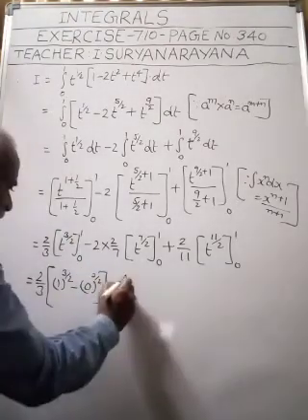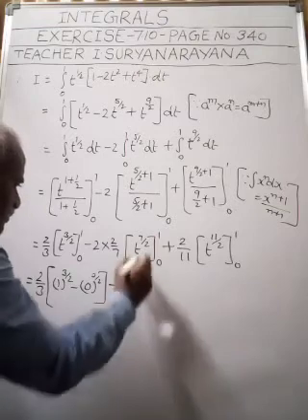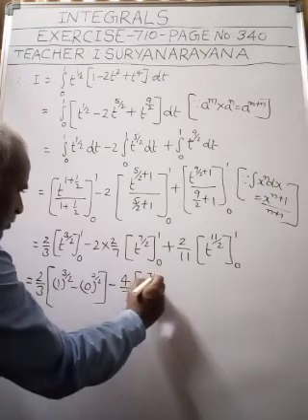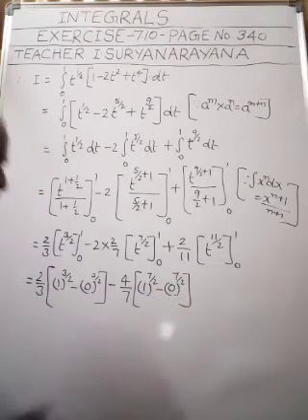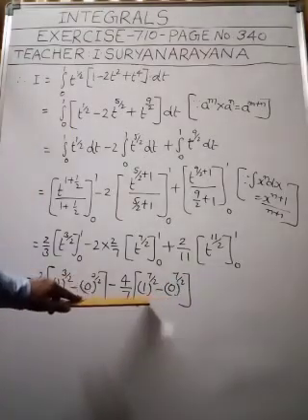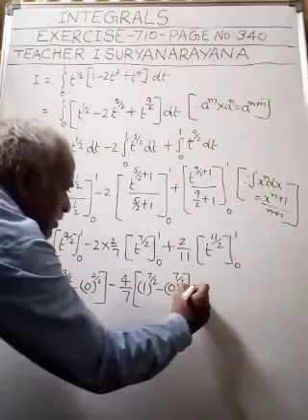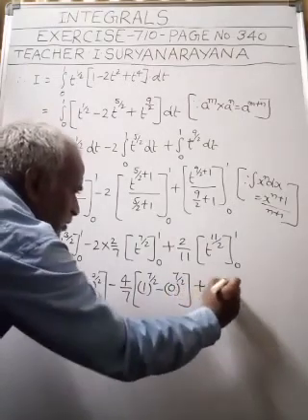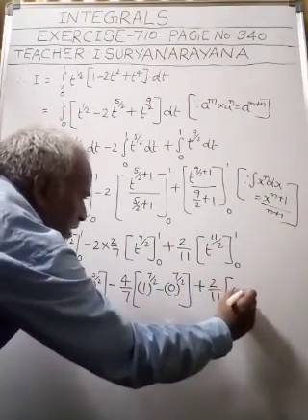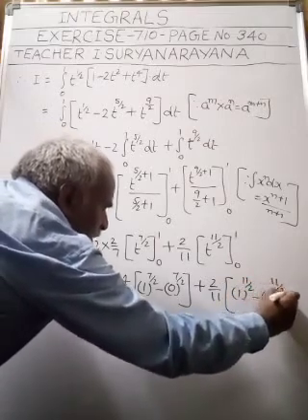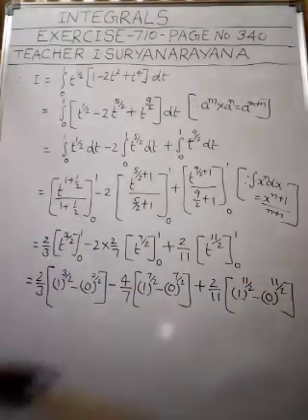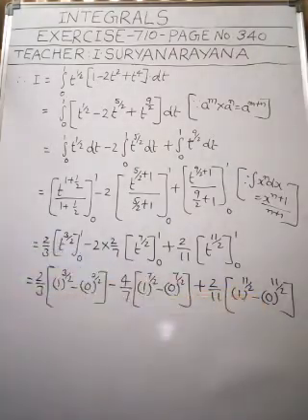Minus 4 by 7 into 1 power 7 by 2 minus 0 power 7 by 2. Understood this part, my children? Right, plus 2 by 11, 1 power 11 by 2 minus 0 power 11 by 2. Okay, my children, understood these two terms, right?